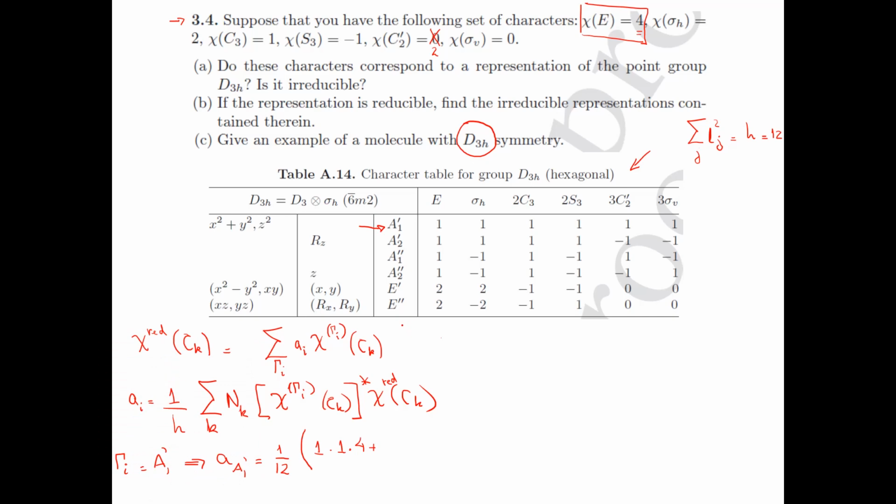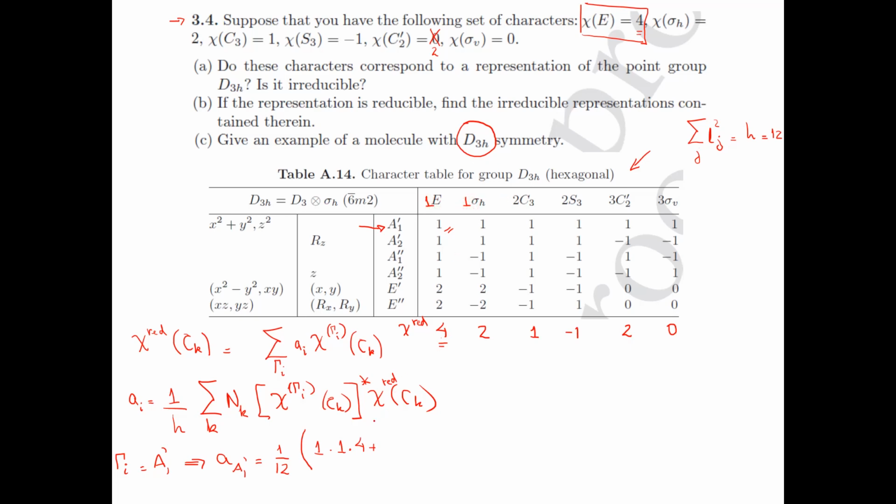The characters for the reducible representation are 4 for E, 2 for sigma h, 1 for C3, -1 for S3, 2 for C2 prime, and 0 for sigma v. Okay, so the three numbers we have to multiply are this number times this number times this number, which is the number of elements in each class.